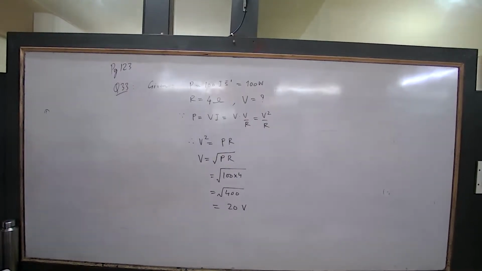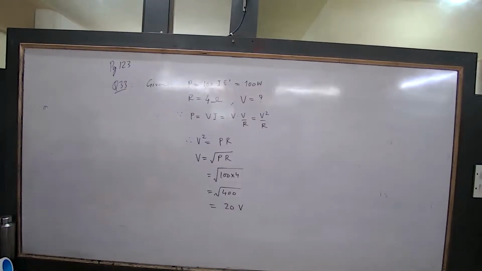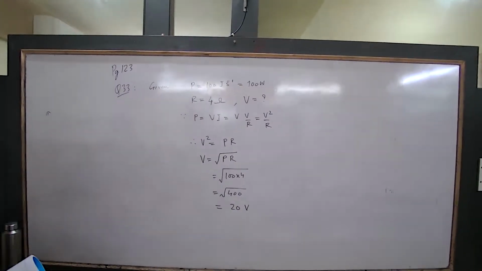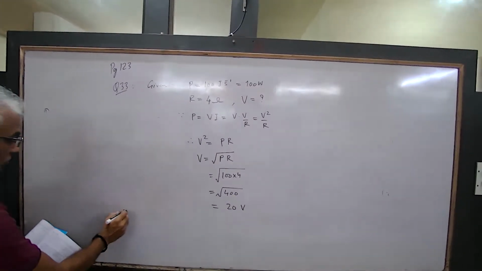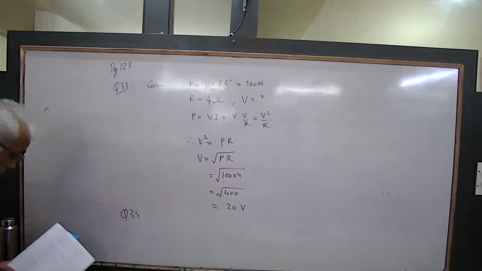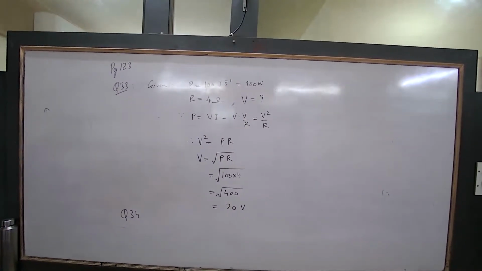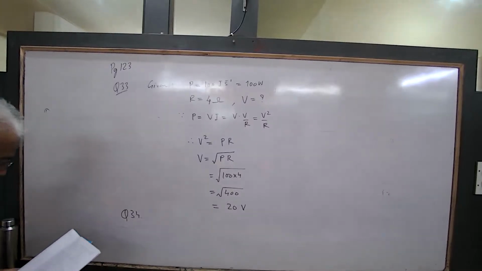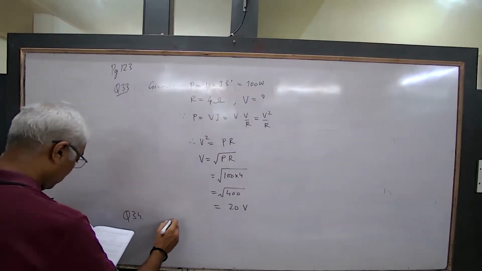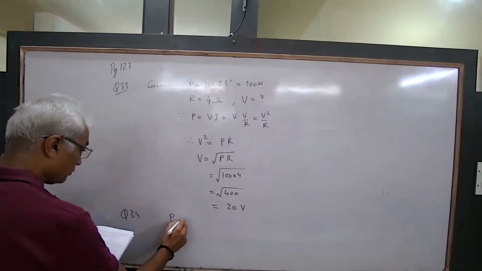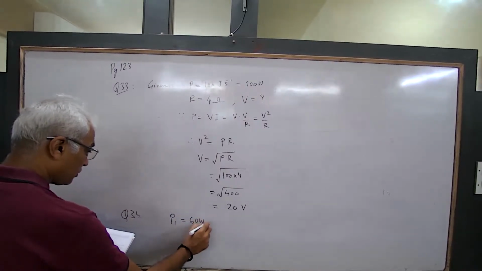Then 34, you want me to do or you can do it yourself? 34 नहीं किया था, 33 पे रुक गया था. Let's do 34 also. What was 34? 2 bulbs marked 60 watt and 220 volt. 60 watt.